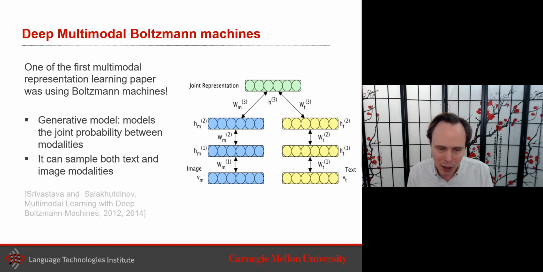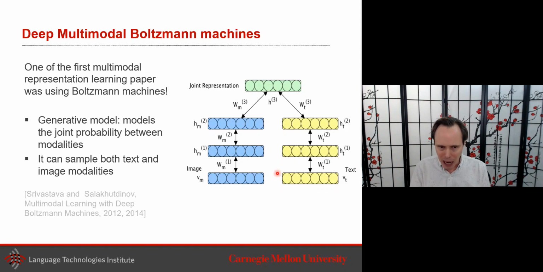A generative model, and now you know it because of the last lecture, means that I'm modeling the joint distribution, in this case between text and images. It will be trained by looking at the joint objective with text and then the hidden representation. From a training perspective, we do it layer-wise, which is what we hinted at earlier on.